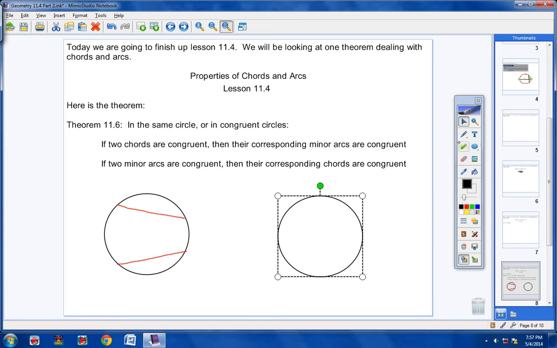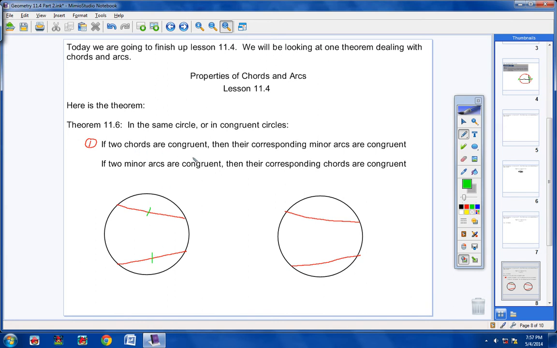Moving on. Let's go ahead and draw pretty much the same thing. So I'm going to draw a chord like this and a chord like this. Okay, now part number one right here. If two chords are congruent, so I'm going to put a slash here and a slash here.